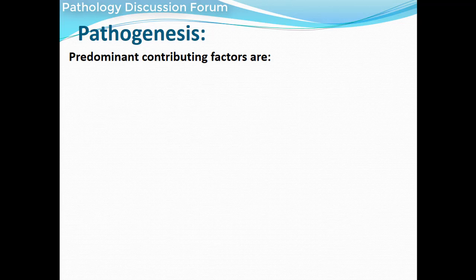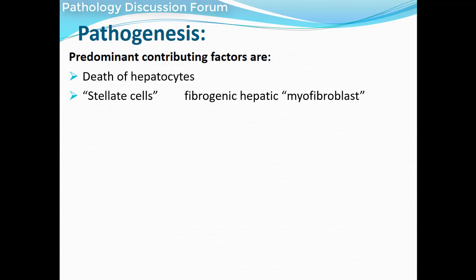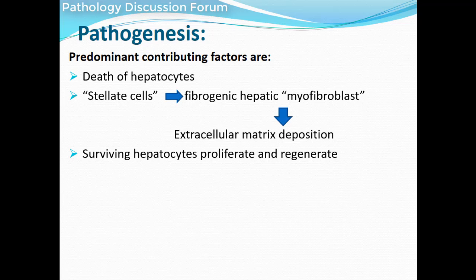Now, a few words about the pathogenesis. First, there is death of hepatocytes. Then, the hepatic stellate cells are transformed into hepatic myofibroblast. Then there is extracellular matrix deposition by hepatic myofibroblast.